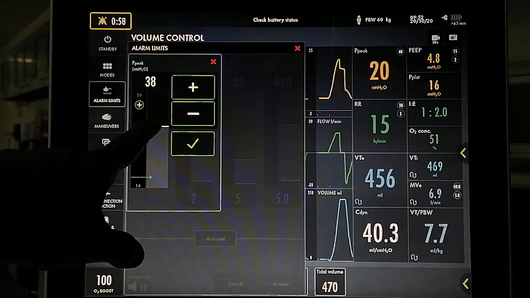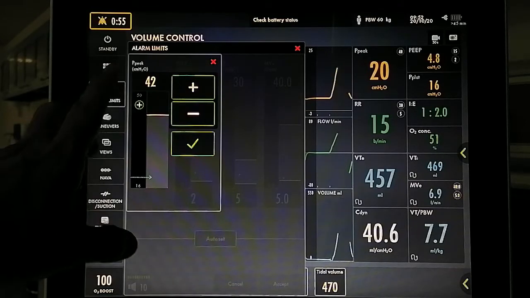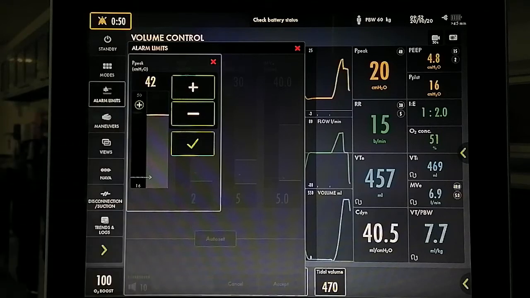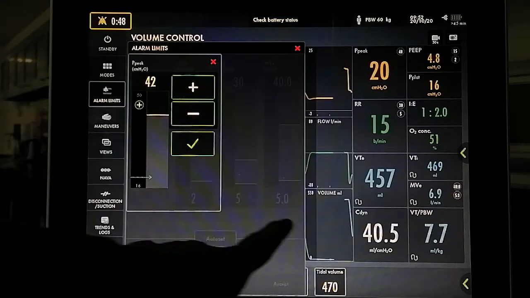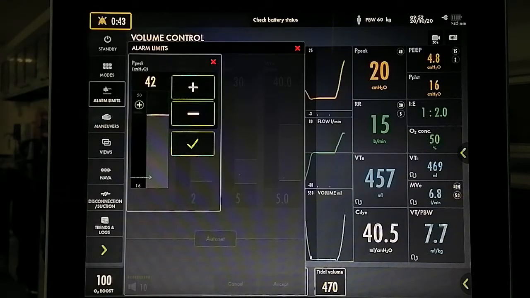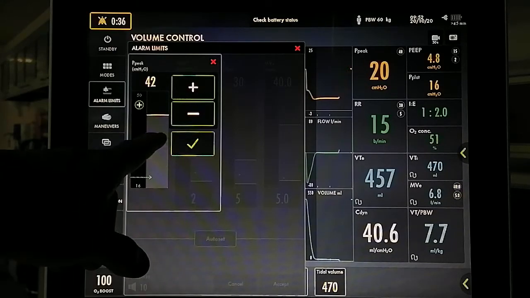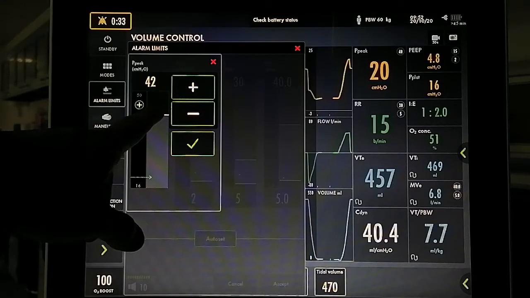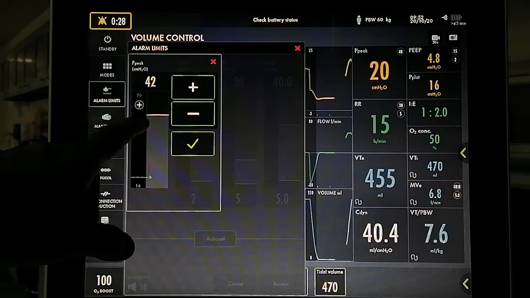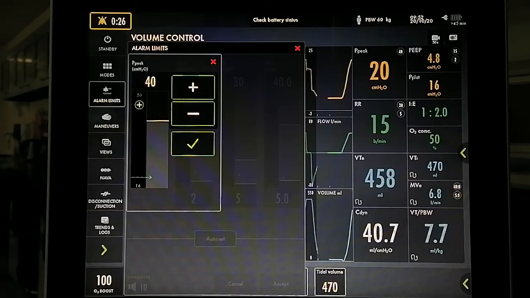As you can see here, you only have a high peak pressure alarm limit. You observe your current peak pressure, in this case 20, so you can add 5 to 10, or just use the one in the manual. Most commonly in the hospital they set it at 40 peak pressure.